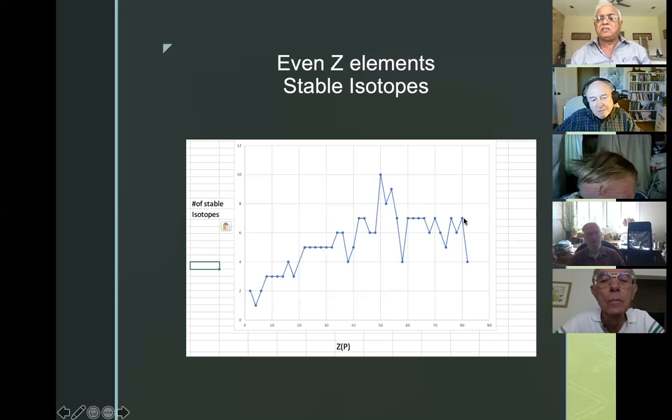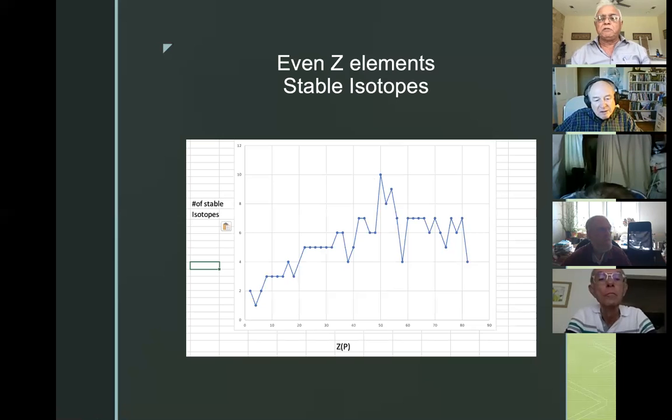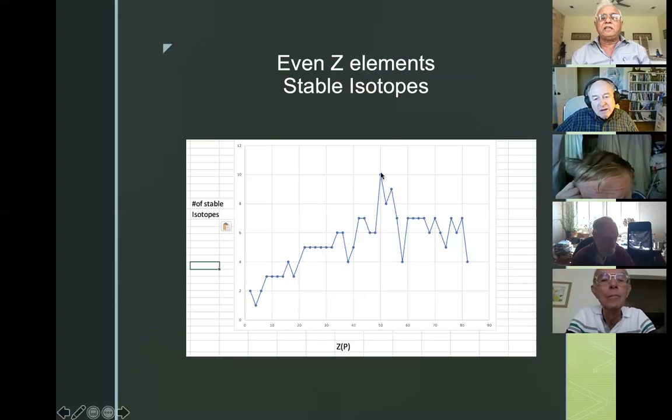Now this is just the fact that I have, which is an experimental fact, and it is available to everybody. So when it becomes 82 right here, you can see that it has only 4 stable isotopes. But when it is 50, you can see that it has 10 isotopes.